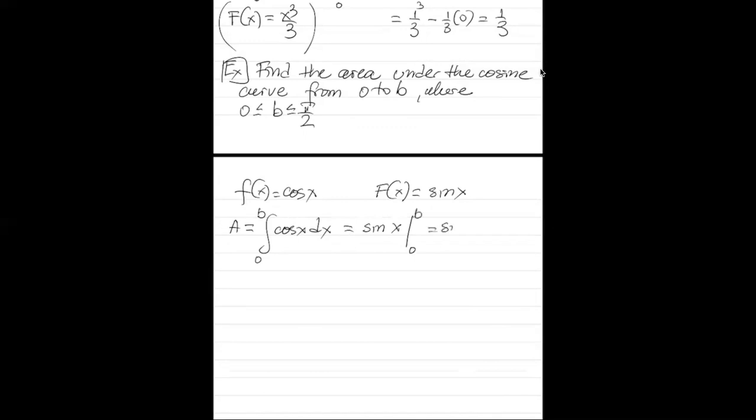That is sine of b minus sine of 0, but sine of 0 is 0. So that area is equal to sine of b.